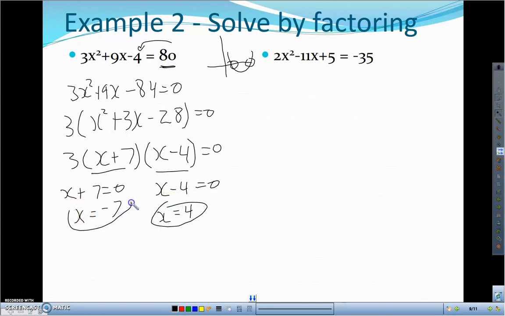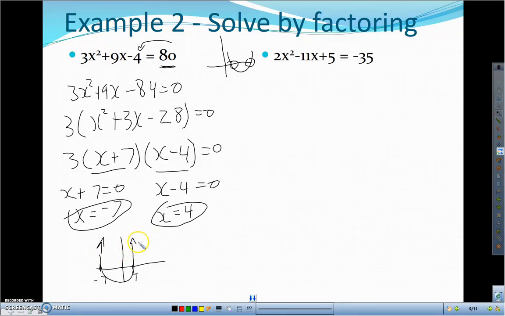And visually, what this shows us, if we were to graph this, is that we've got two answers. We know that this parabola opens up because this number out front is positive. There's going to be a minus 7 over here. There's going to be a 4 here. And our parabola looks something like this. And that's what we can see at this point.